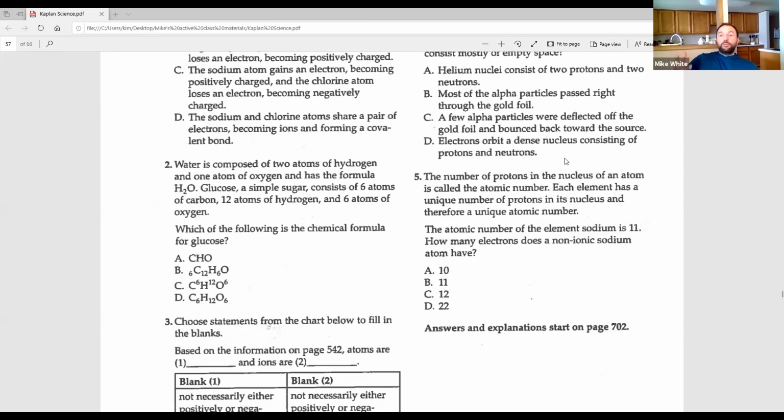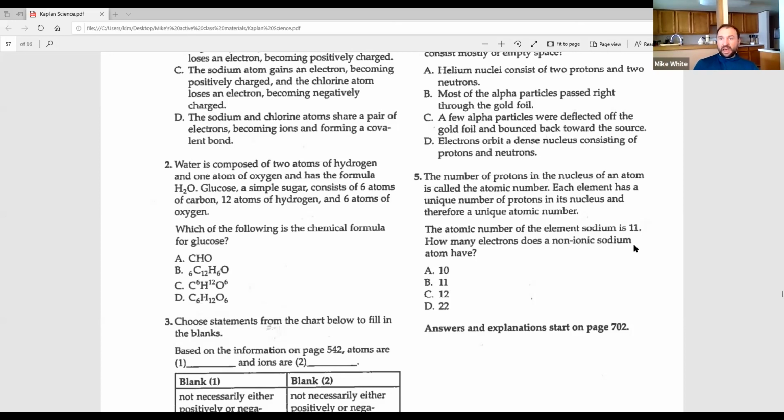But in a normal atom of any material, right? Whether it's sodium or helium or gold, a normal atom of that element has equal parts protons and electrons, because the positive and the negative charges have to be equal, right? And so the non-ionic thing comes into play when we talk about bonds, and we might get there tomorrow, or we might not. We might get there in the fall.